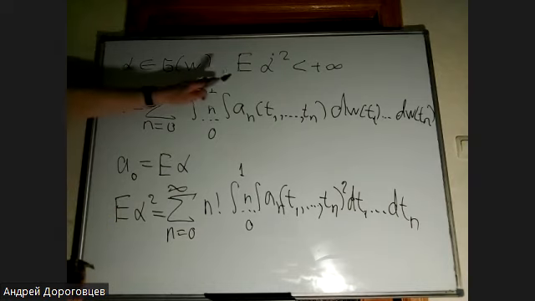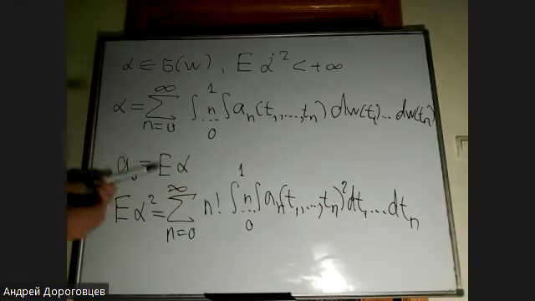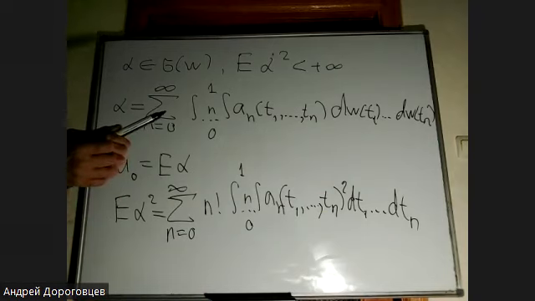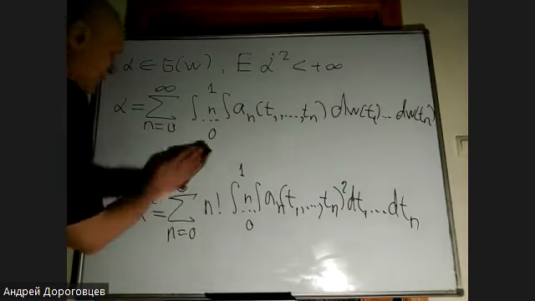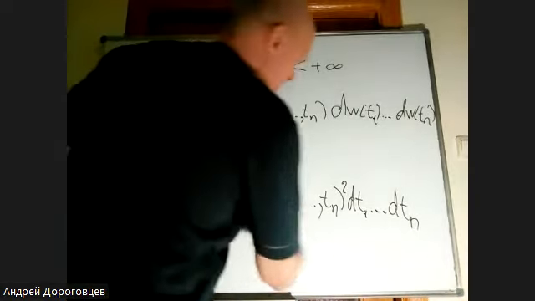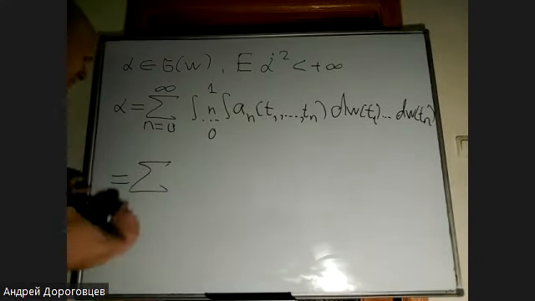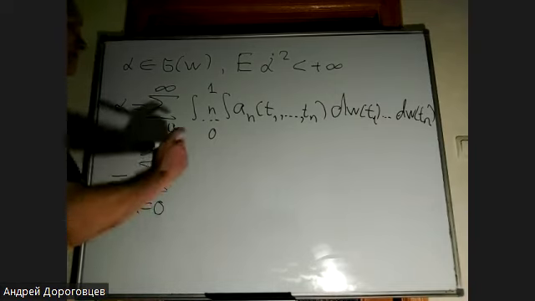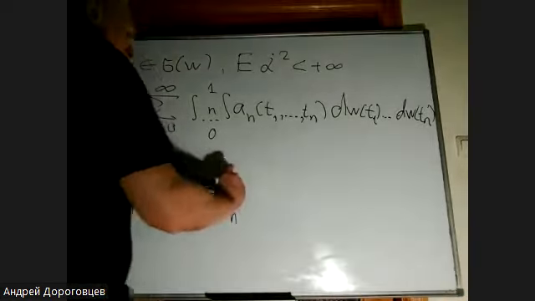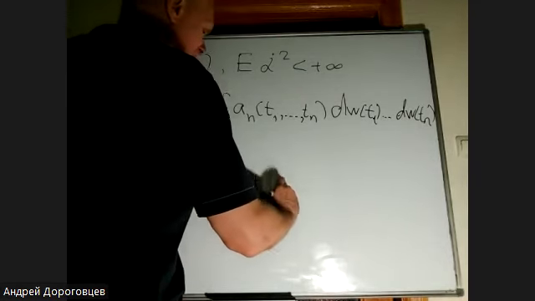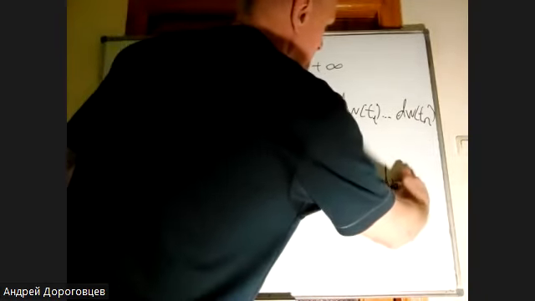You remember that we defined this quantity formally using a sum over simplices, and this sum was very simple because this function is symmetric, so all those Wiener integrals are equal, and then one can write this as follows: the sum from n equals 0 to infinity of n factorial times the integral over the simplex Delta_n of a_n(t1,...,tn) dw(t1)...dw(tn).